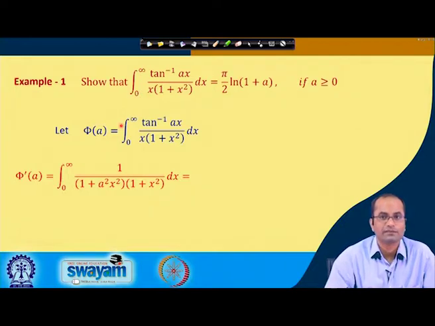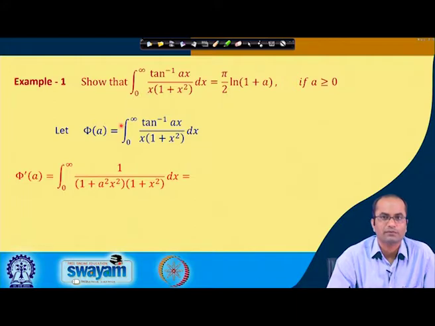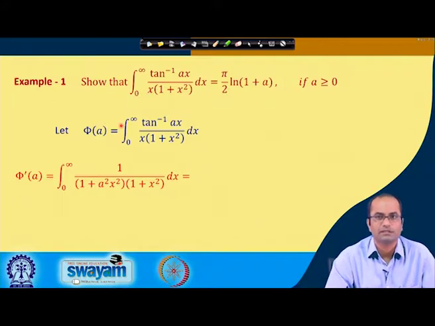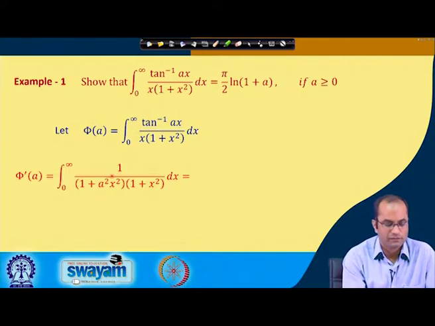We need some extra conditions in general, but for all these examples it is applicable, and we are not going much into the details about the applicability of the Leibniz rule for improper integrals. So, treating these limits as constant, we can just differentiate with respect to a.